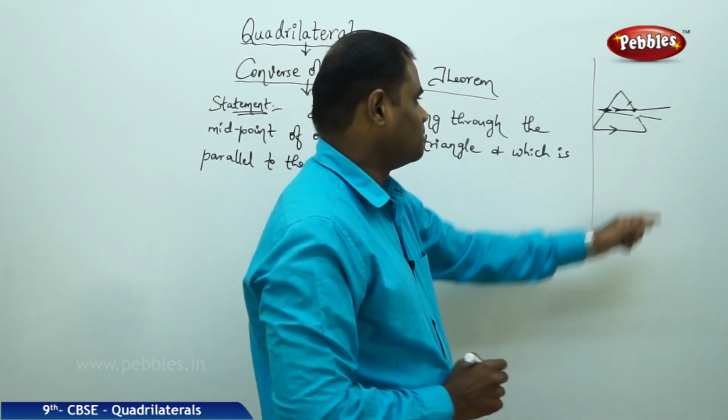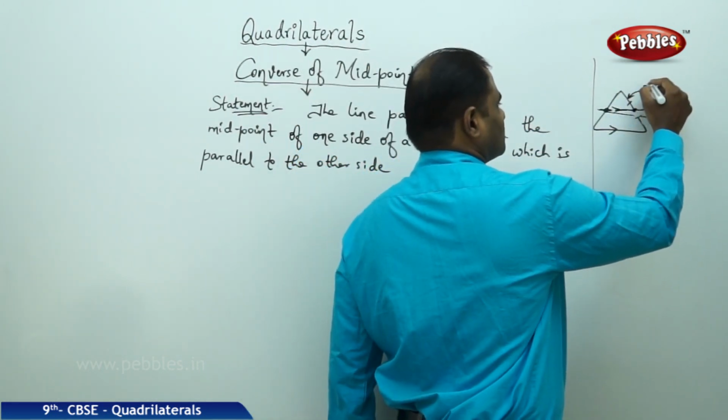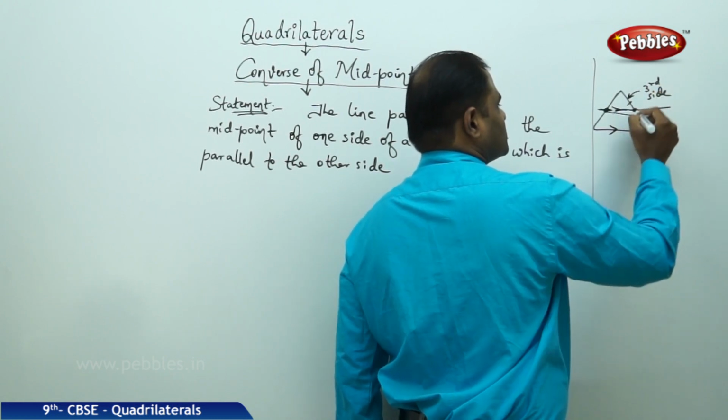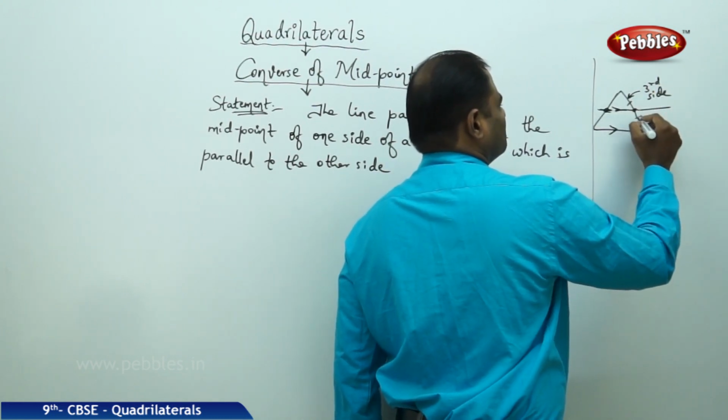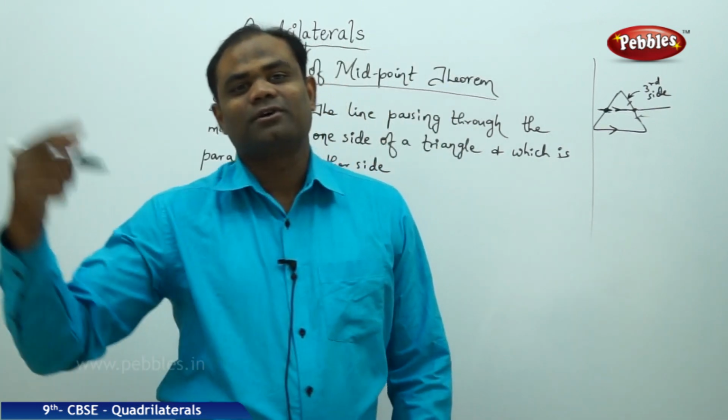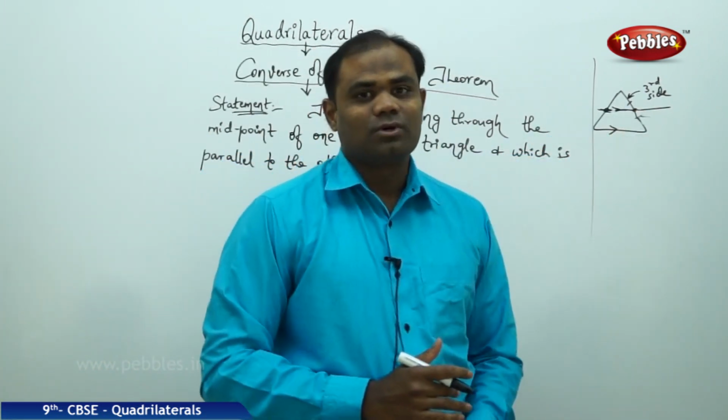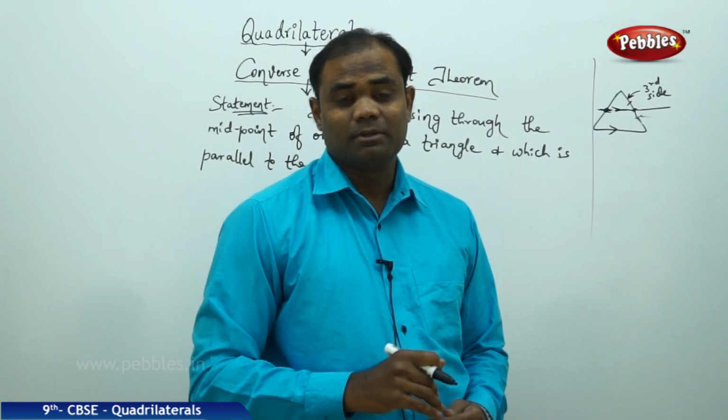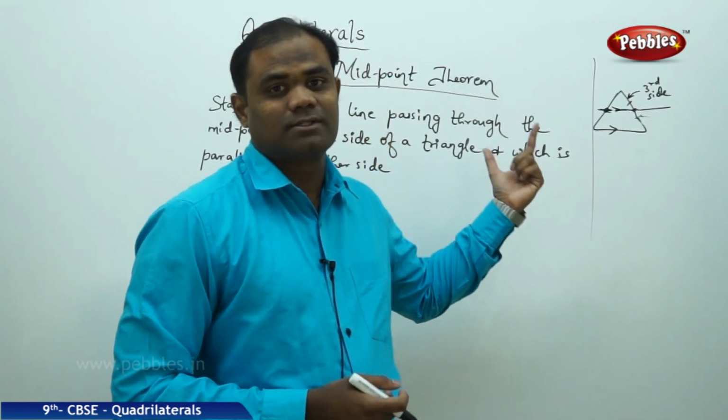That is, this comes out to be the third side. And this line, which is parallel, must pass through the midpoint of the third side. There's no other way. The line cannot escape the midpoint, is how the converse states.